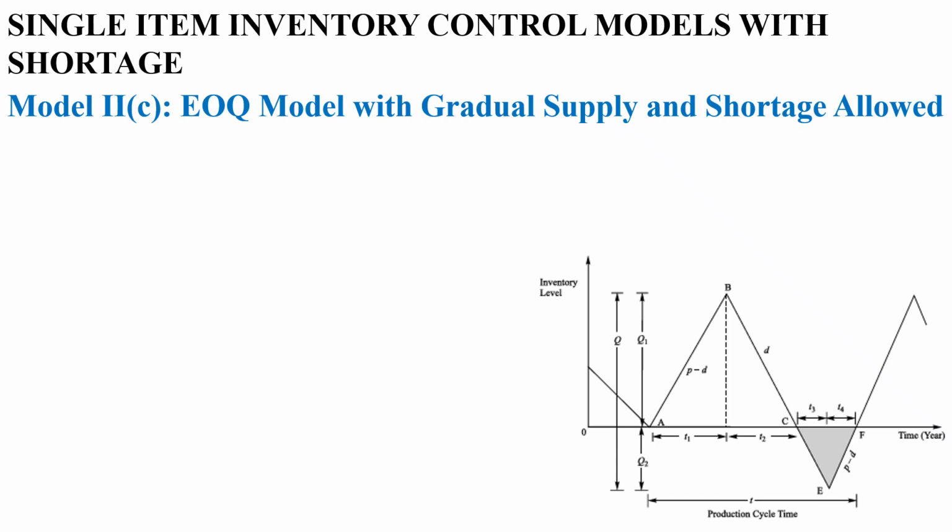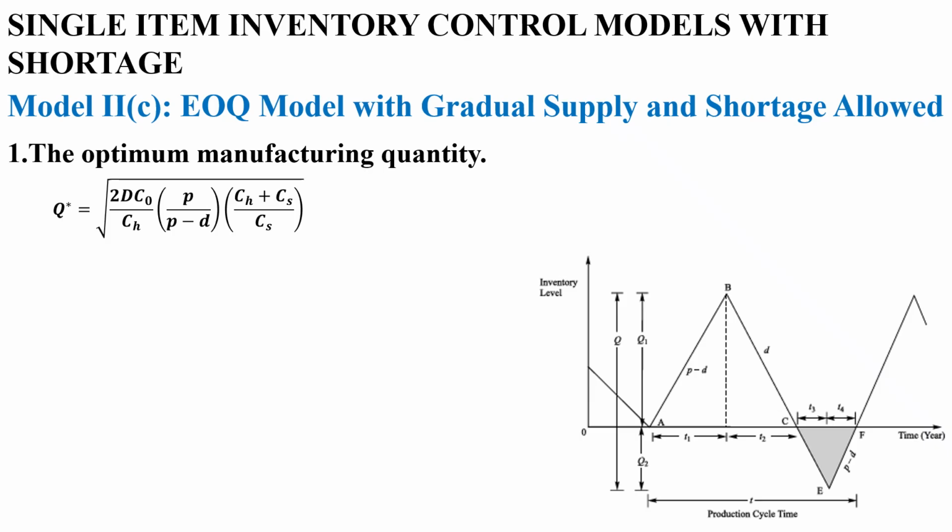And next one is model 2C, EOQ model with gradual supply and shortage allowed. So in this model, optimal manufacturing quantity Q star equal to root of 2D C naught by CH into P divided by P minus D into CH plus CS divided by CS.